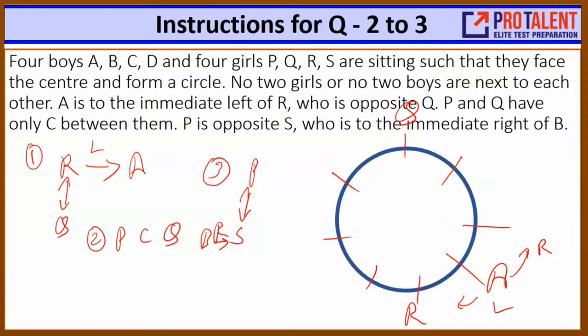If I write B, immediately to the right of that is going to be S, and opposite S should be P. If this is there, then we knew P, C, Q. But ye setting is not correct. So what am I going to do now? I am trying to put it over here and see what is happening.